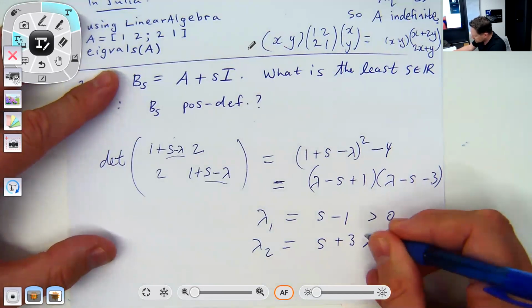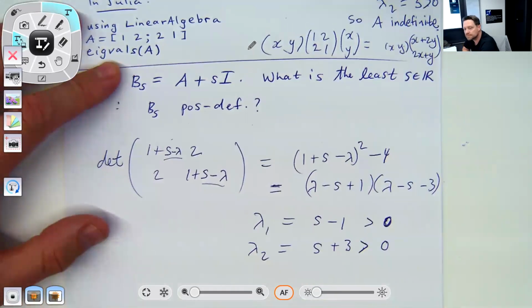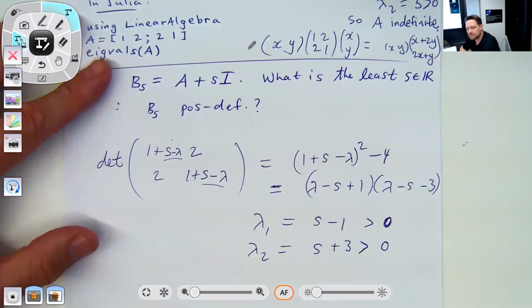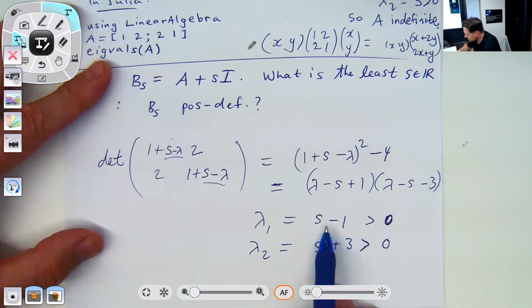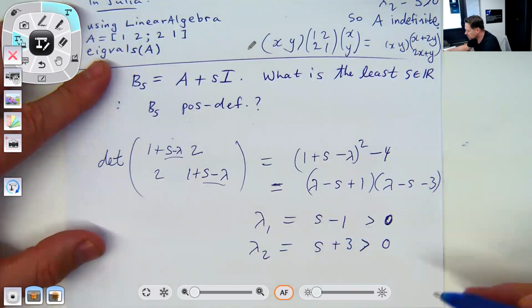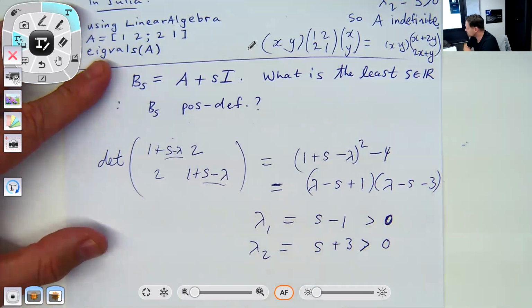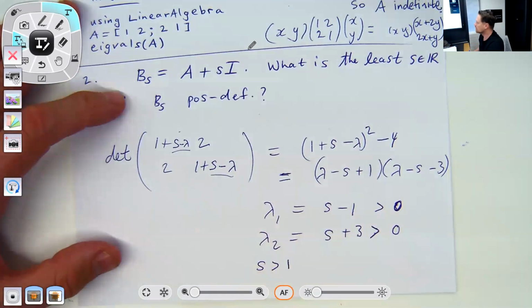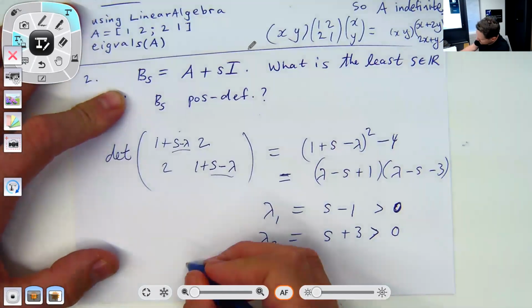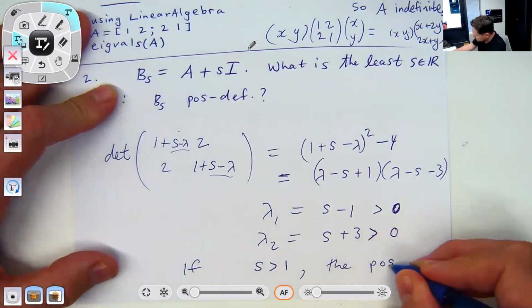So what is the s such that both of these are positive, or the least such s? We see from this that s has to be greater than 1 for this to work, and that makes this one work too. So in other words, if s is greater than 1, then it is a positive definite matrix.